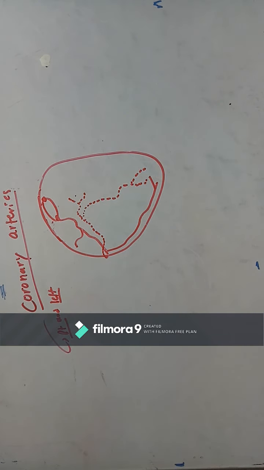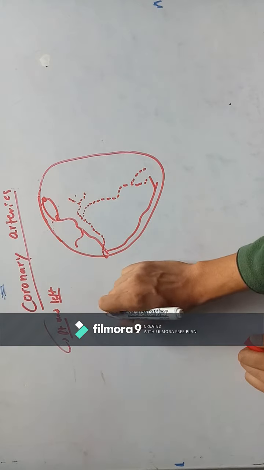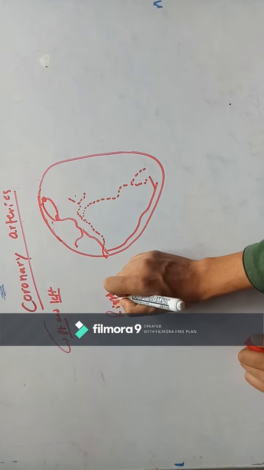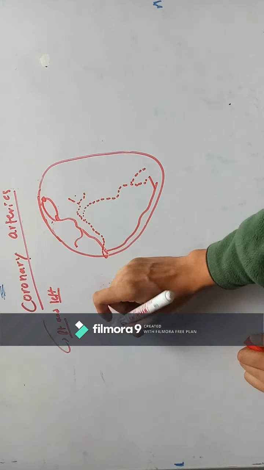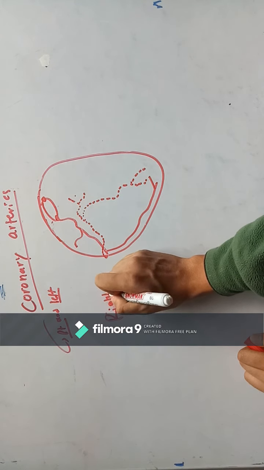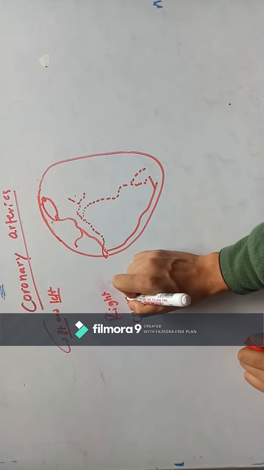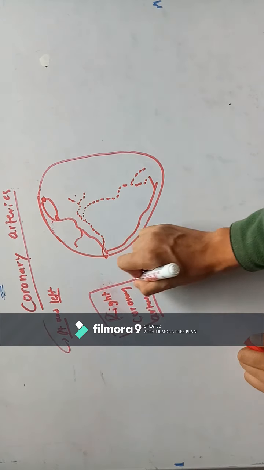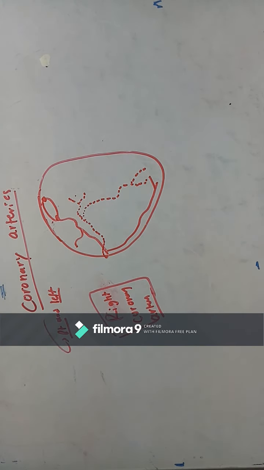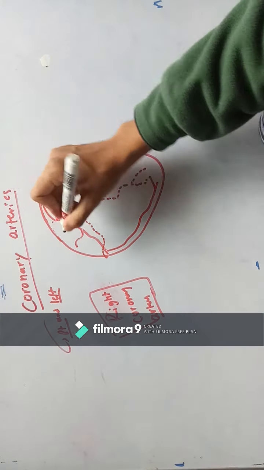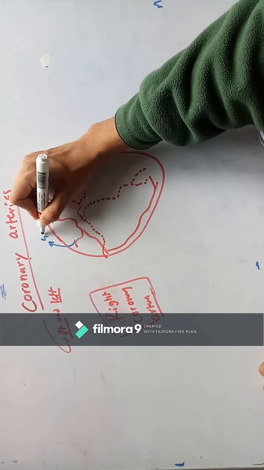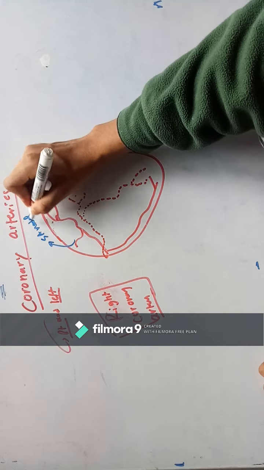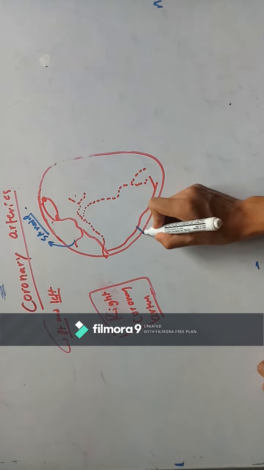So let me label these. All of this is the right coronary artery. So we are talking about the right coronary artery first. I mentioned these branches.